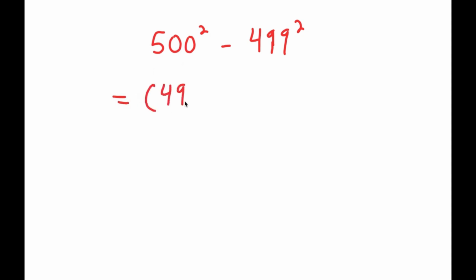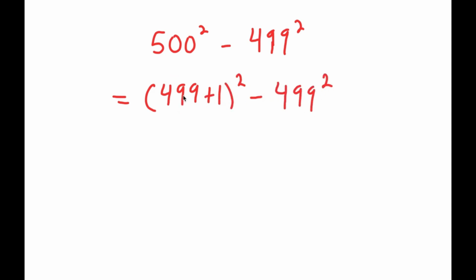Alright, so in this video, I'm going to solve the problem 500 squared minus 499 squared. So to solve this, what I'm first going to do is rewrite this as 499 plus 1 squared minus 499 squared.